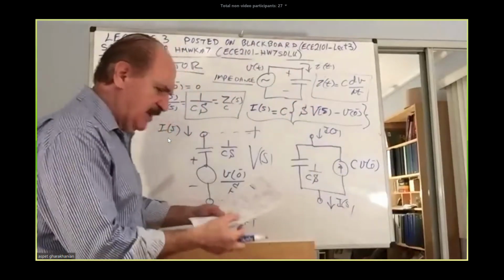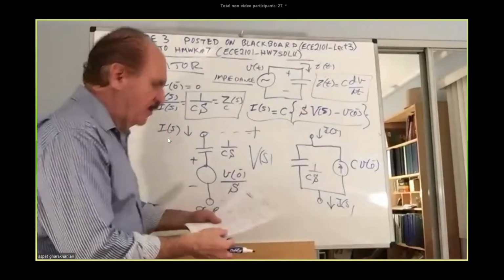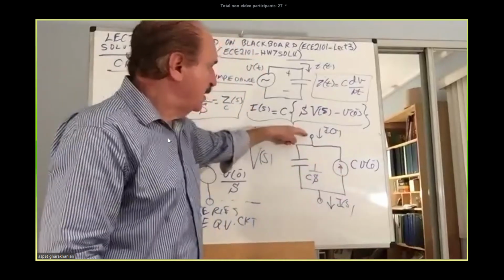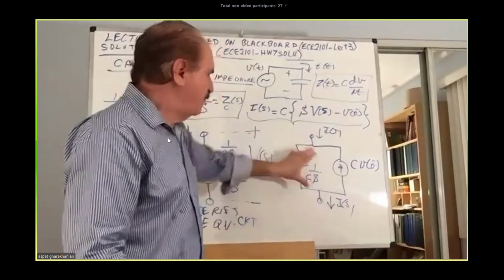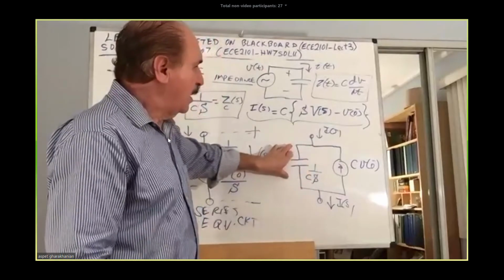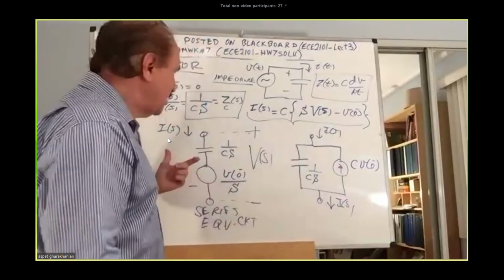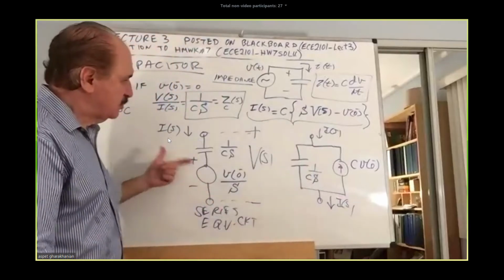C multiplied by V of 0 minus as a constant current source feeding between these two parts, feeding parallel with the unenergized capacitor.